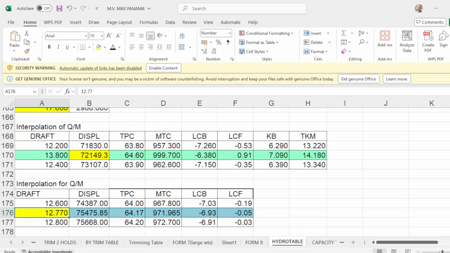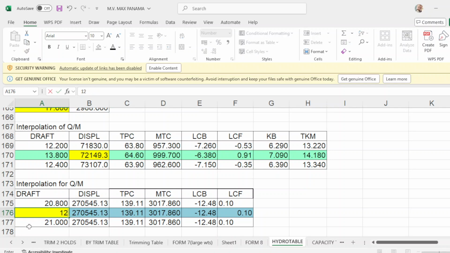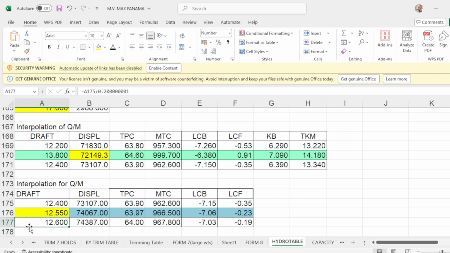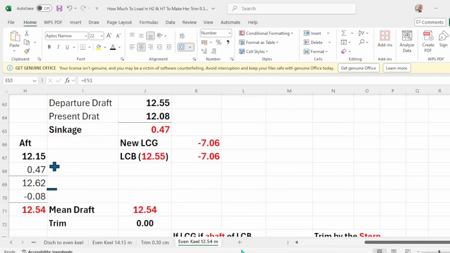That will be 12.55. The LCB of 12.55 is negative 706. Take note, negative 706. And LCB is negative 506. What will be the new LCG?